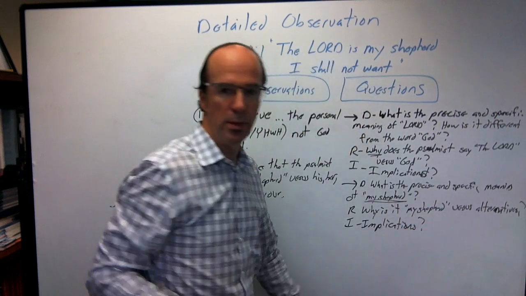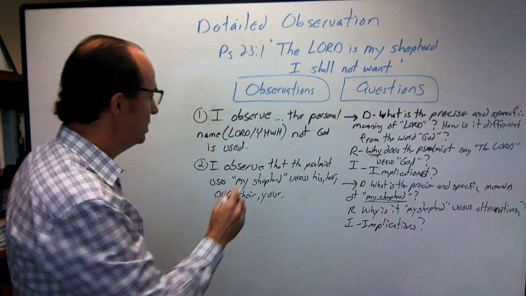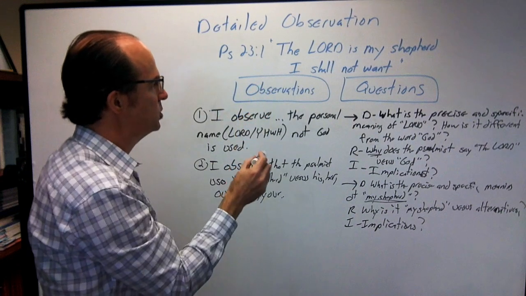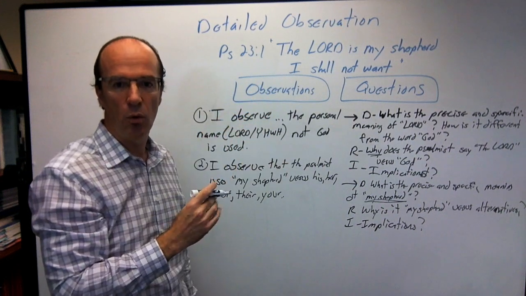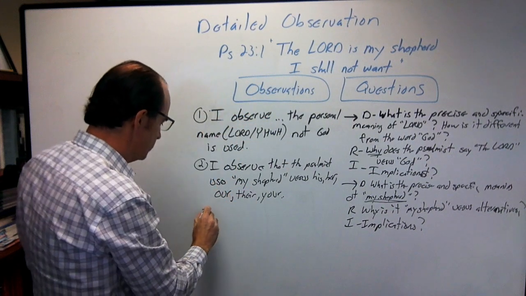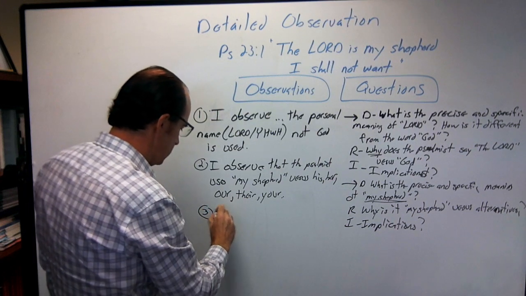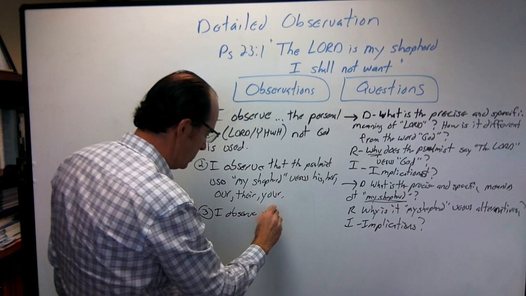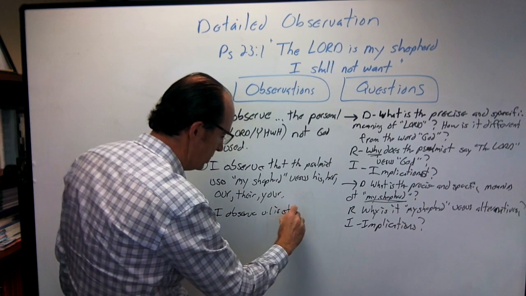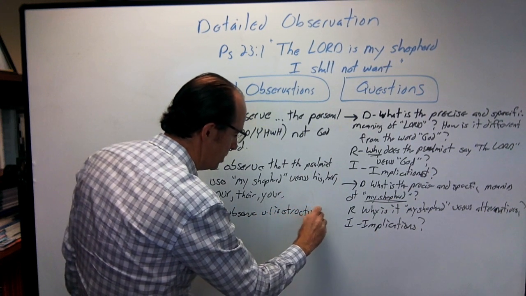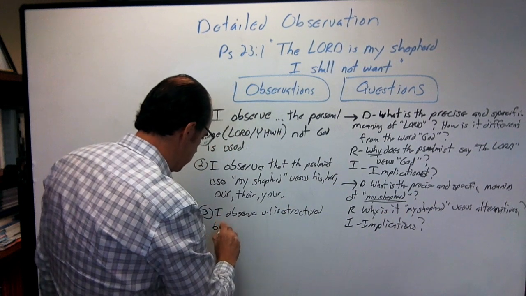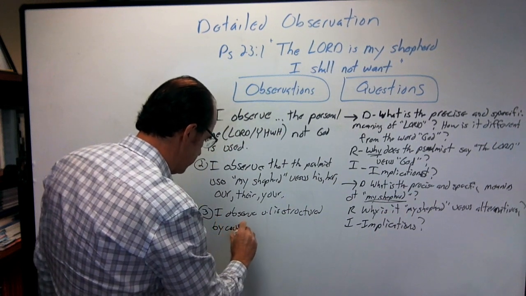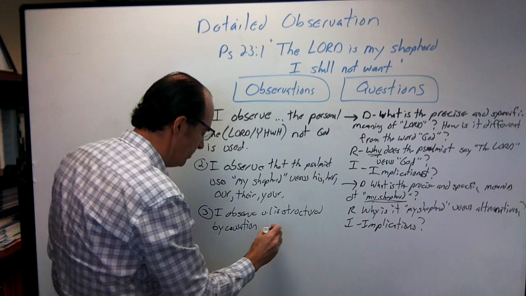Okay, let me show you one more. Let me make a structural observation. Now, if you notice up here, the Lord is my shepherd, I shall not want. And this is a cause. I observe verse 1 is structured by causation. Just going to sketch this out.